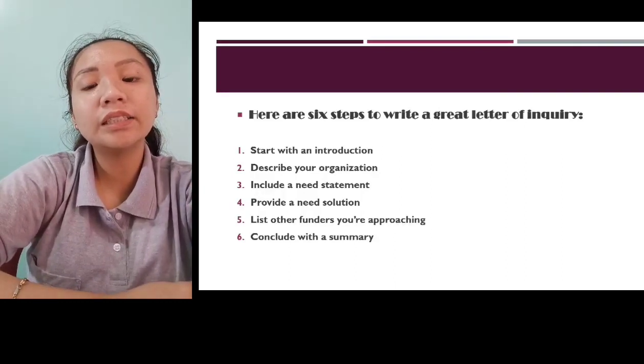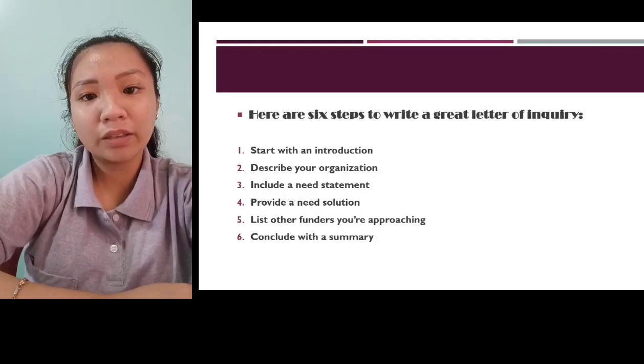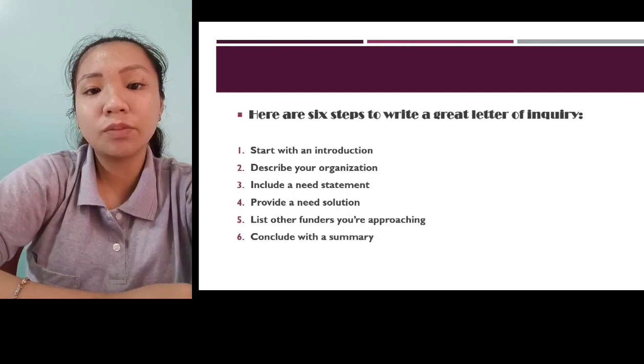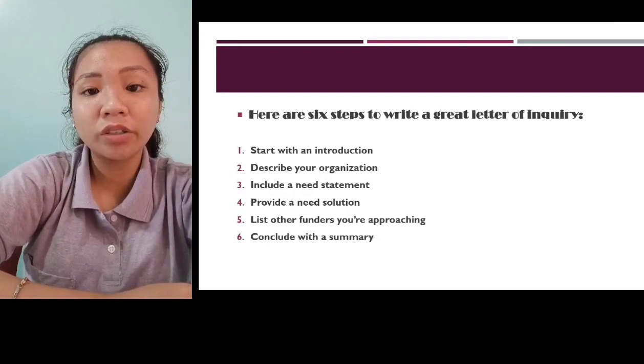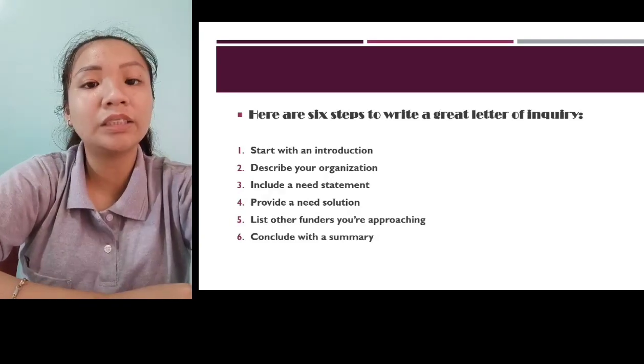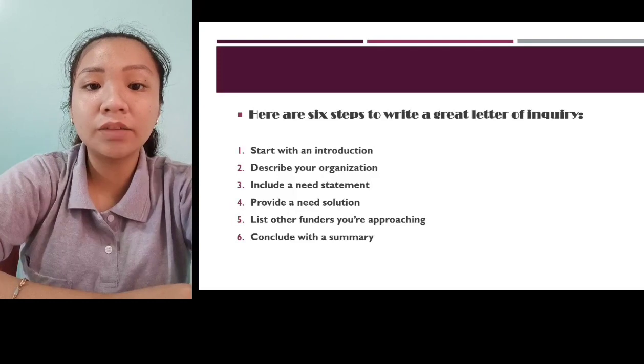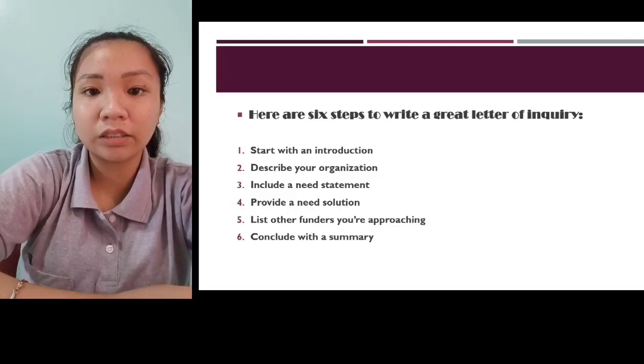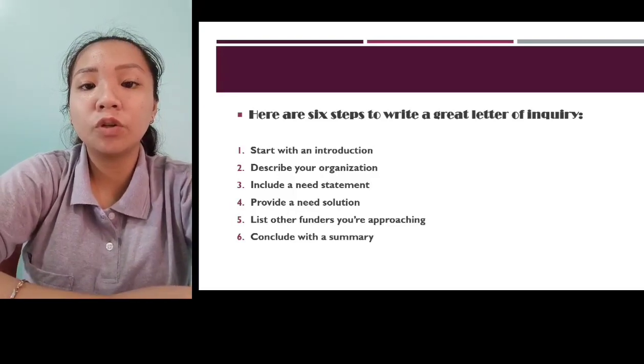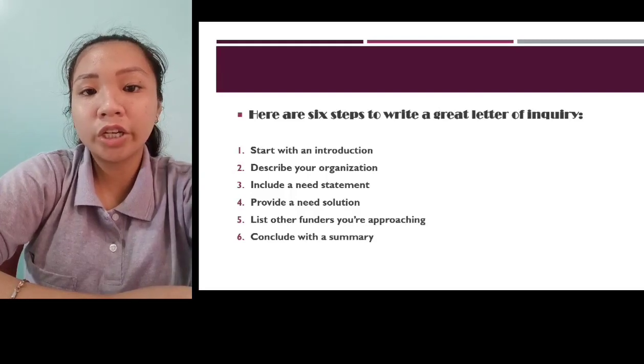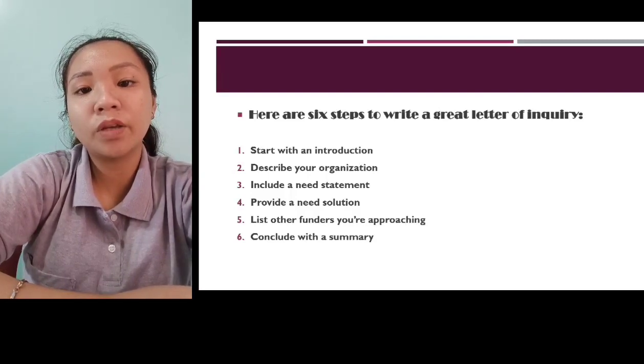Third is include a need statement. Write a need statement that explains the reason your organization has requested funding by including statistics such as demographic studies. It can be helpful to include a concrete example of the problem you want to solve.